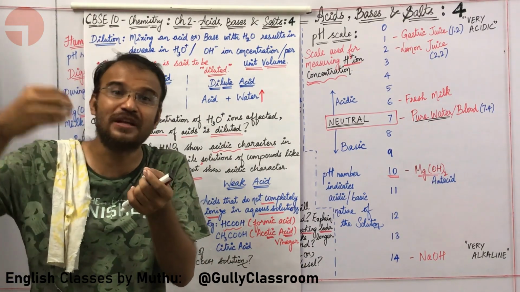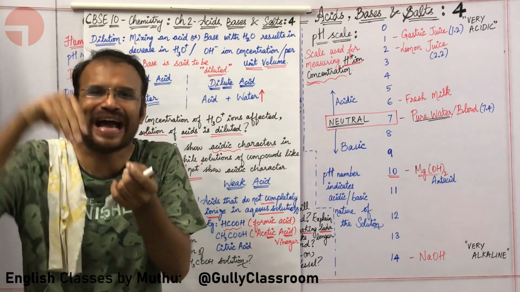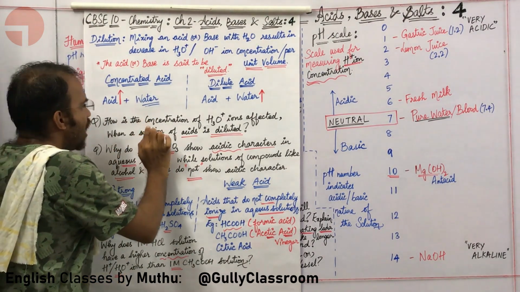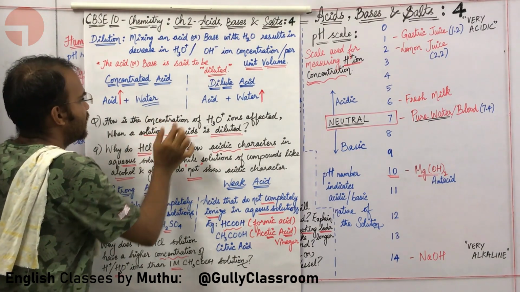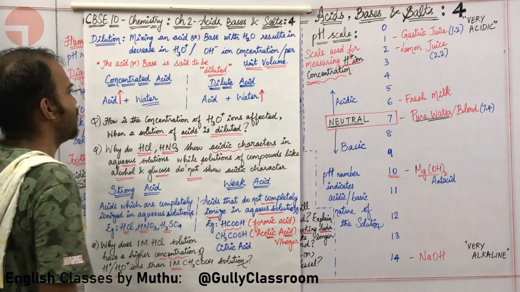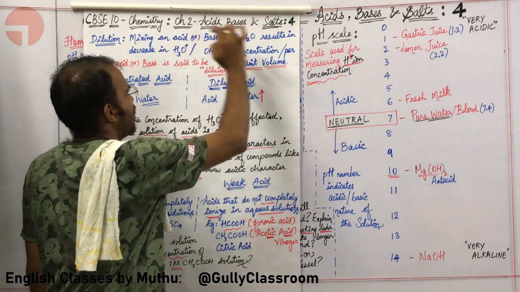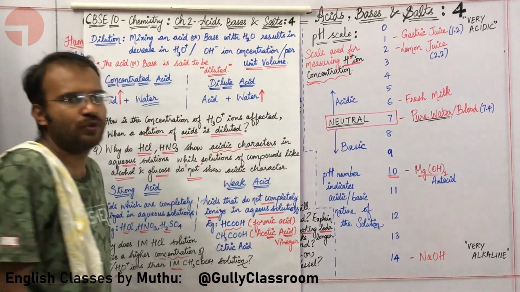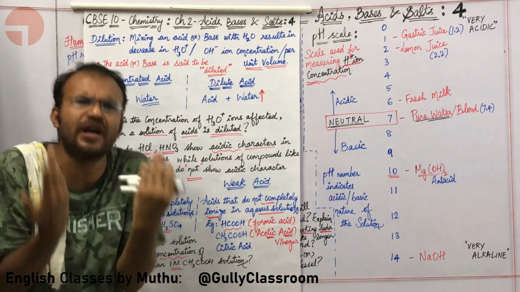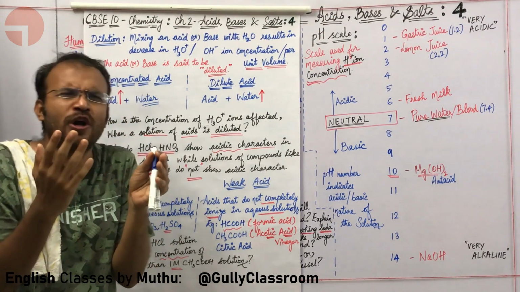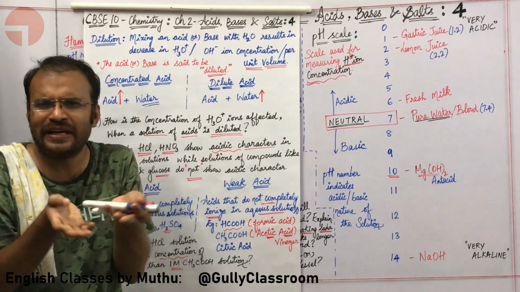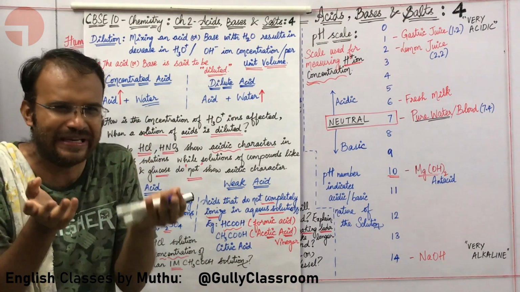So, on dilution of a solution of an acid, the concentration of hydronium ions per unit volume decreases. How much hydronium ions is found per unit volume? What is per unit volume? Unit volume can be assumed as per your convenience. It can be 1 liter or it can be 1 milliliter.